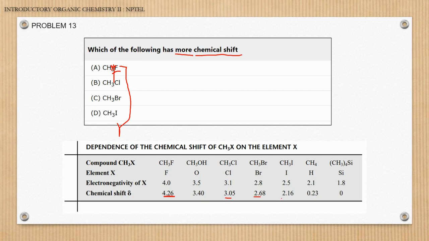The chemical shift value for iodide is very much less because it is a much less electronegative atom. So the correct option will be option A, because of the higher electronegativity of the fluorine atom. Is it clear?